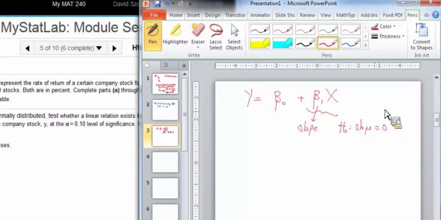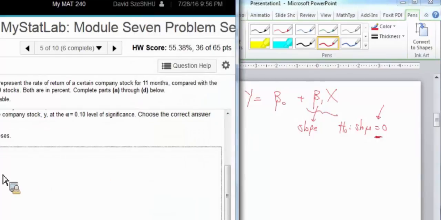Remember, the null hypothesis is always equals. We saw that with one proportion. We saw that for one mean, two proportions, two means. Same thing here. The null hypothesis always has an equal sign. So the null hypothesis is that beta 1 is equal to 0.